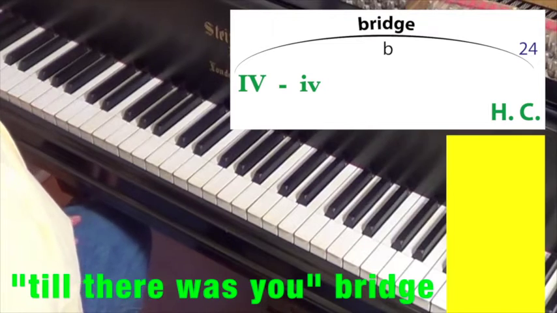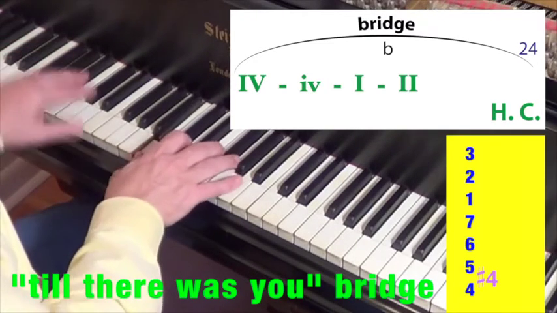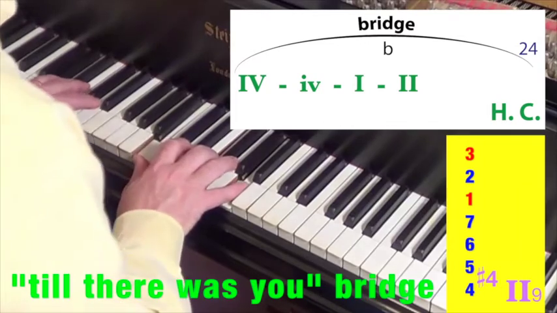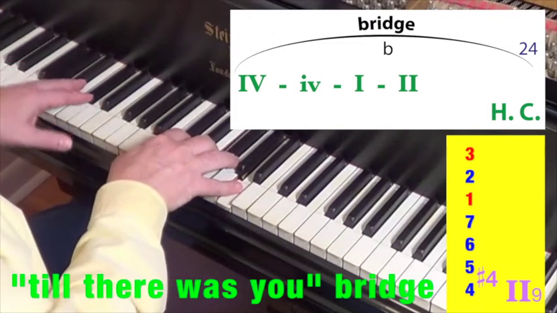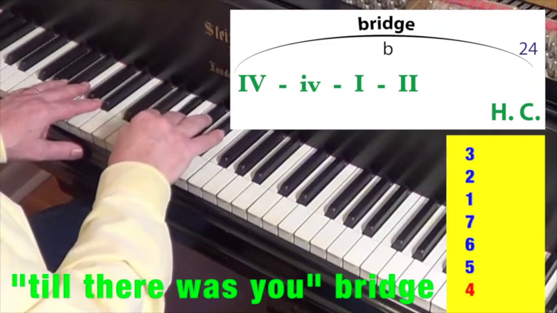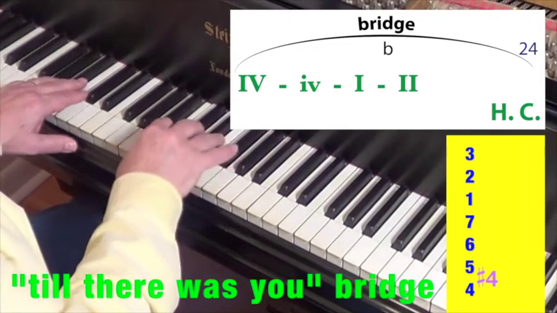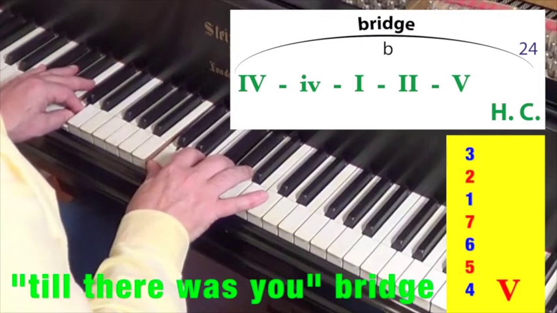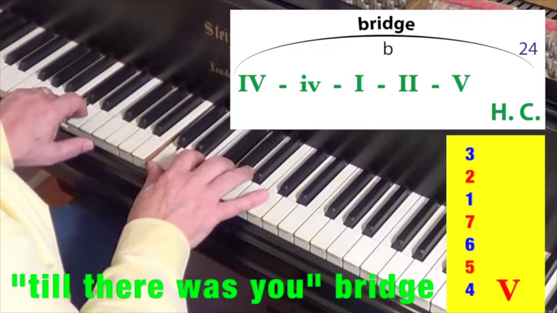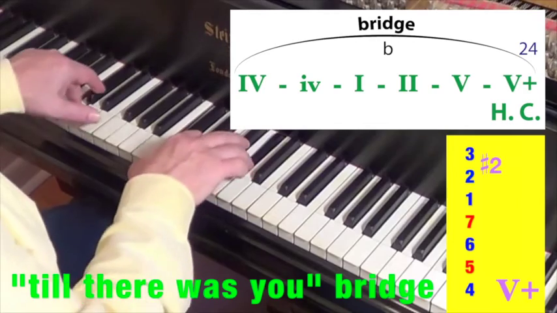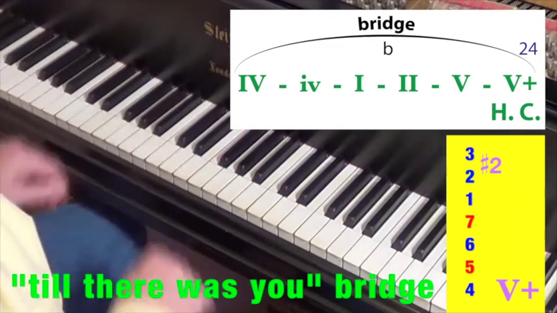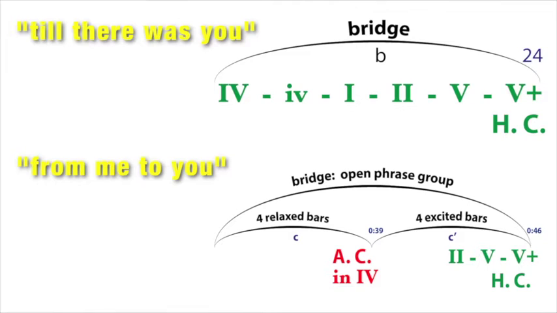And then the bridge proceeds through a raised 4th scale degree to the dominant, that raised fourth scale degree pushing up from 4 through sharp 4 to the fifth scale degree for the dominant. And then we press forward through an augmented dominant chord to raise the stakes, just as we heard in From Me to You. And my guess is the Beatles probably got the idea for the augmented dominant at the end of the bridge in From Me to You from this statement in Till There Was You.